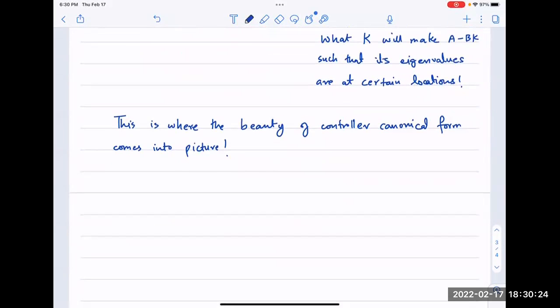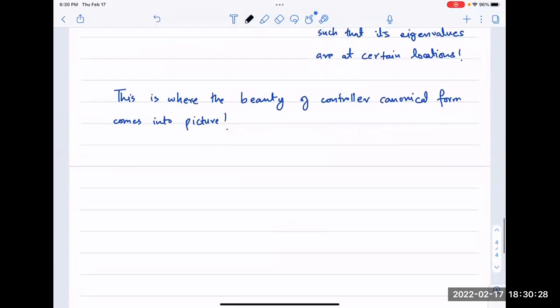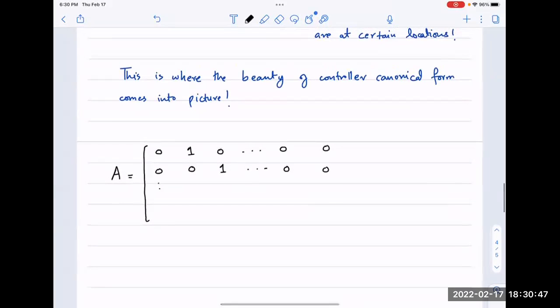So let's go back again to the controller canonical form. Any A which is in canonical form will have this structure: 0, 0, and then it follows the pattern, and then there's a 0 and 1 here.